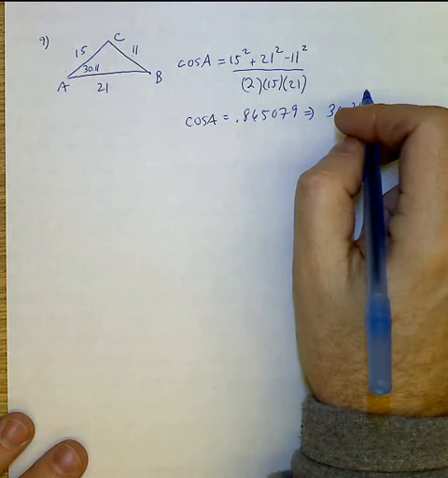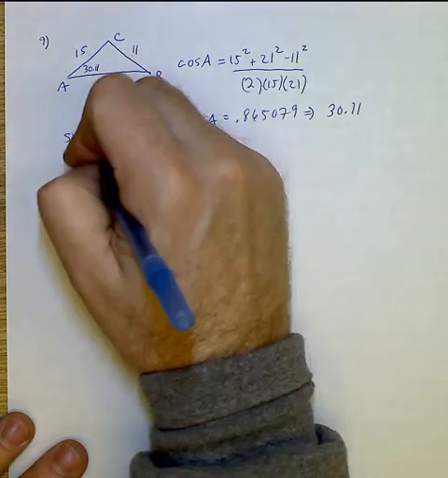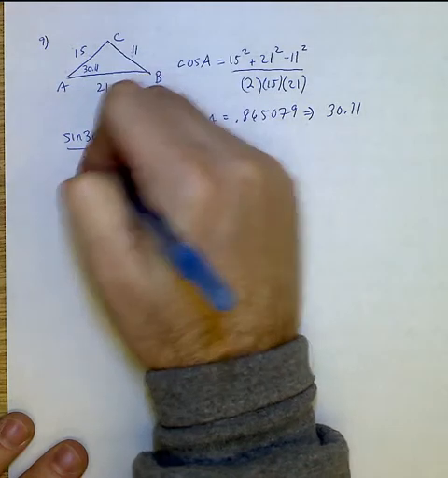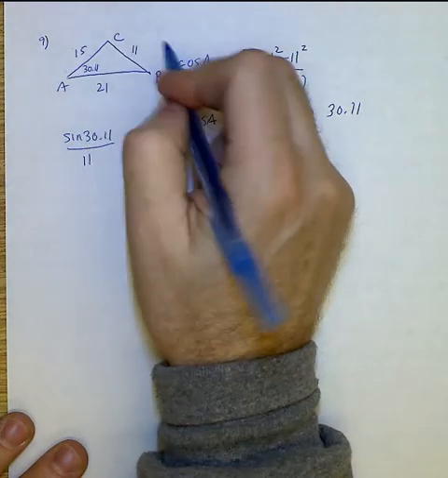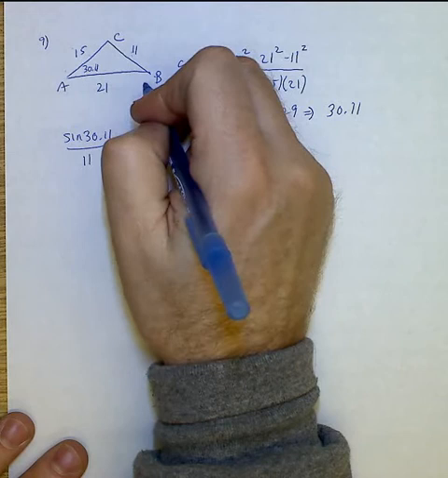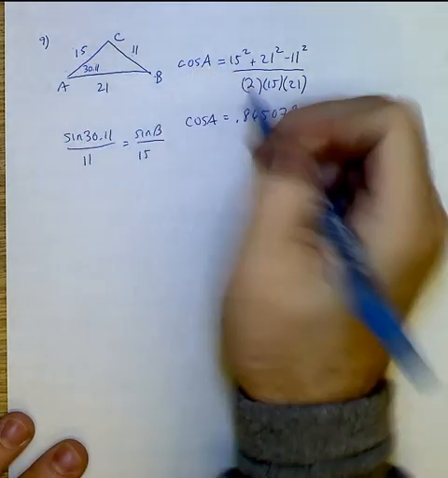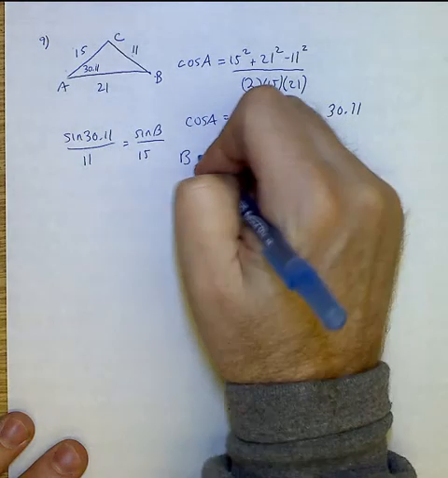So I can go ahead now and say the sine of 30.11, which is this angle, over this side is the same ratio as the sine of, I'll go with B, over 15. And I'll solve for angle B, which is 43.16.